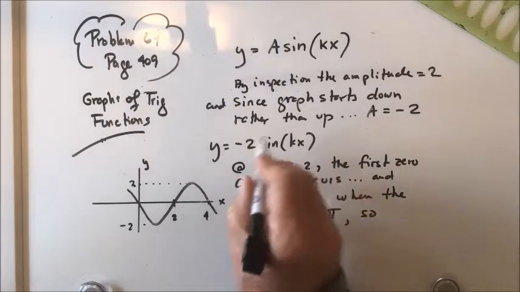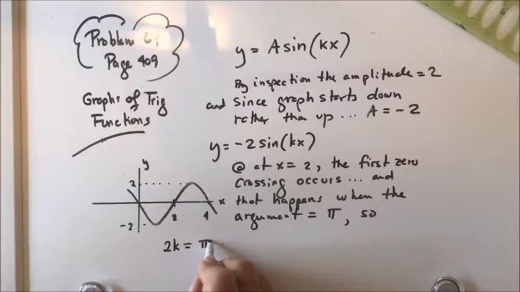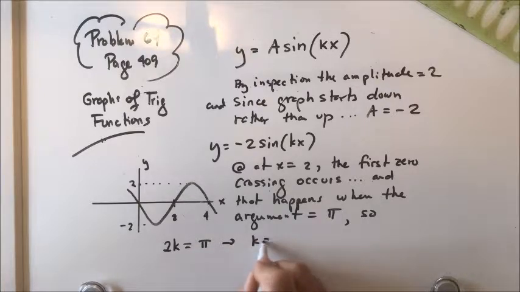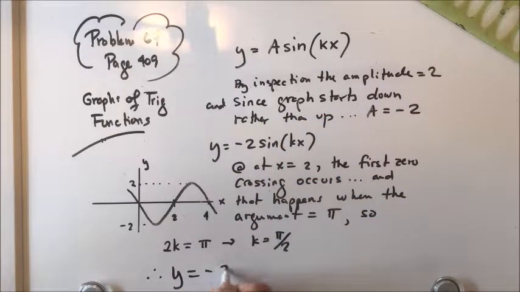So what that means is when x is equal to 2, kx is equal to 2 times k, and it has to be equal to pi, which says k is equal to pi over 2. And so if we throw that back up here, therefore, y is equal to minus 2 sine of pi over 2 times x.